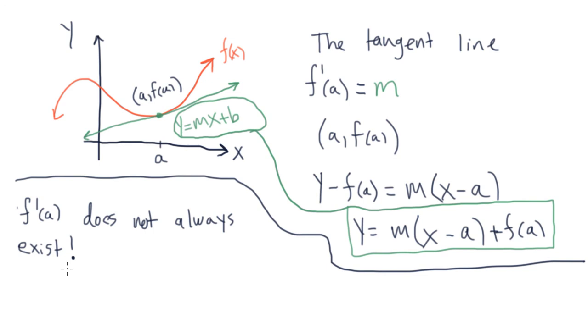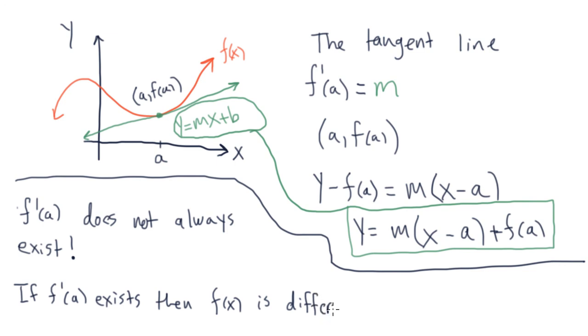But just to introduce some more terminology, if the derivative exists, so if f prime of a exists, or in other words, if the tangent line exists, or we'll see later if the function has what's called a linear approximation at that point, so if f prime of a exists, then f of x is what's called differentiable at x equals a.